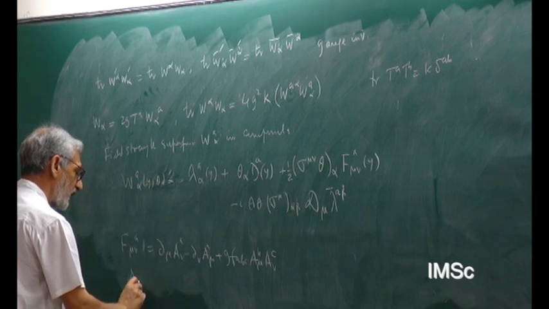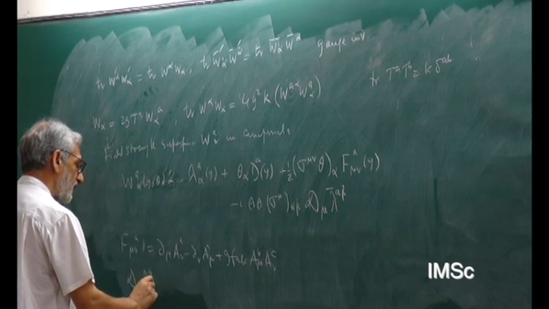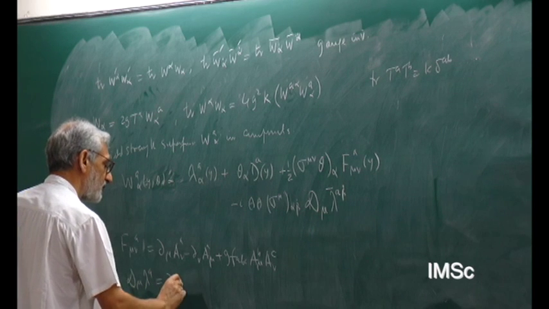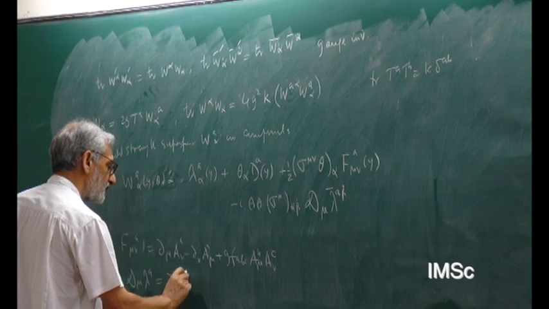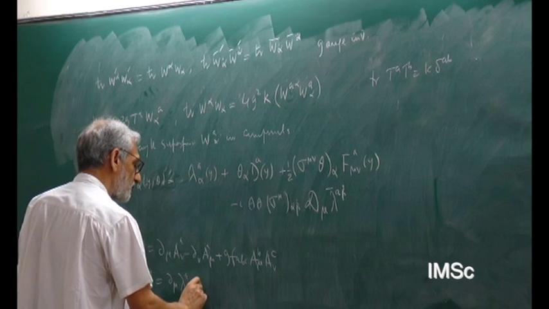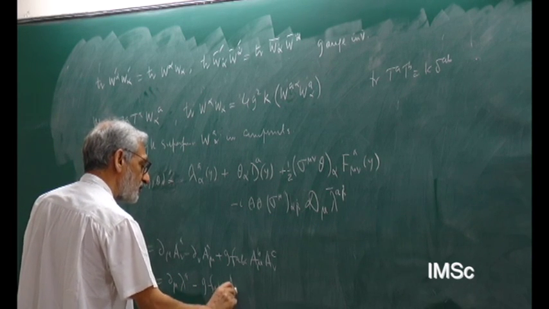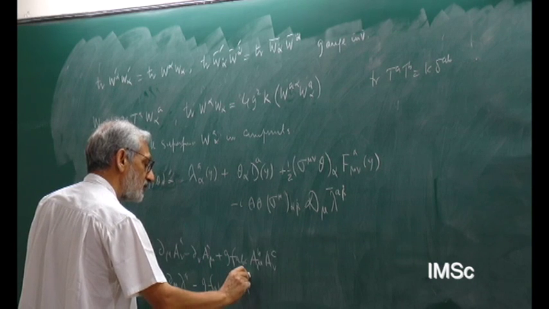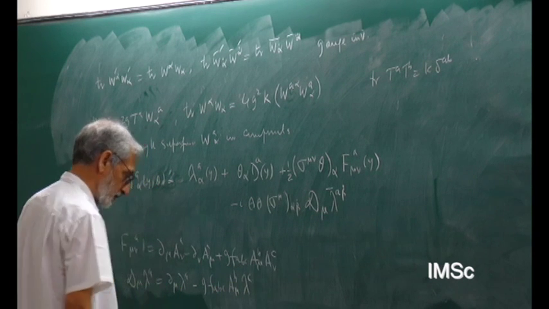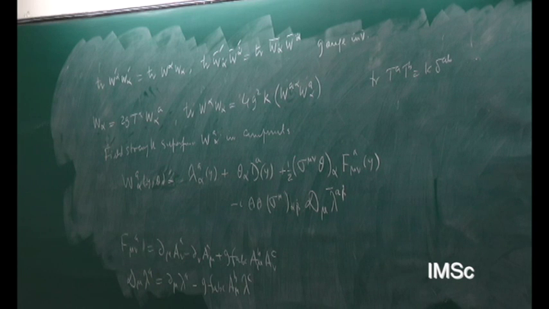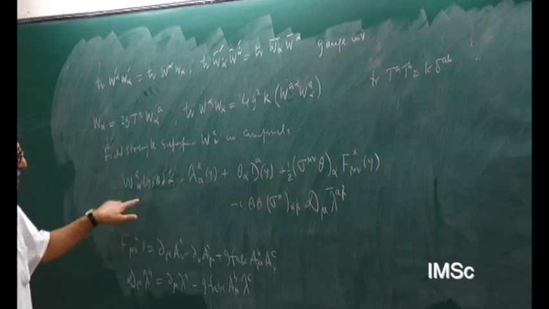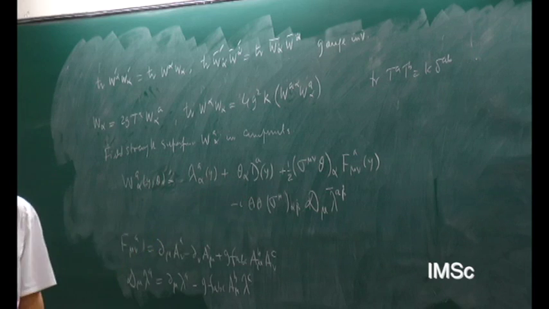And the covariant derivative of lambda is the gauge covariant derivative. So this is what it is in the component fields.